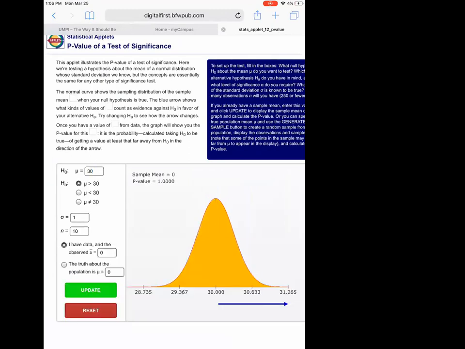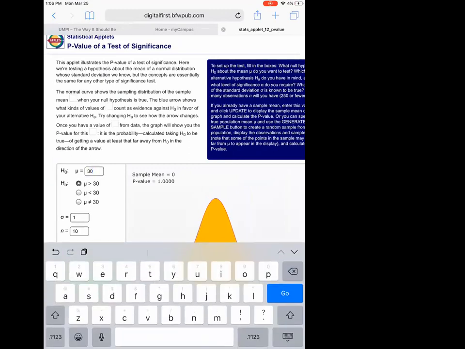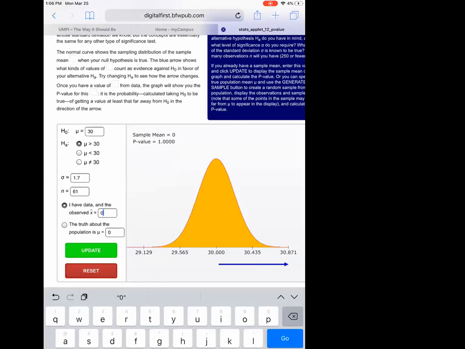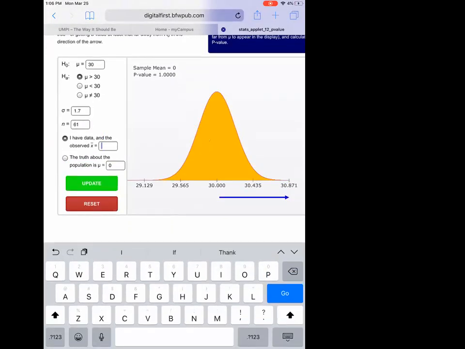Notice how all the other numbers change to the 30 once we type in that null hypothesis. My population standard deviation was 1.7. My N value, there were 61 temperatures recorded. And we will always select this one here, I have data and the observed X bar is. That's always going to be given to us. And in this case, our observed X bar was 30.4.